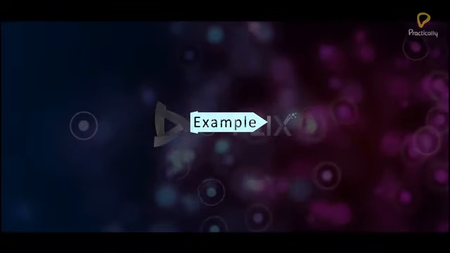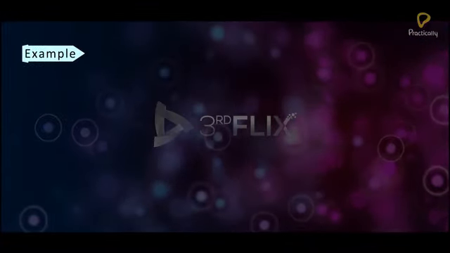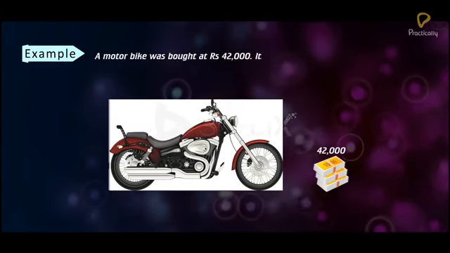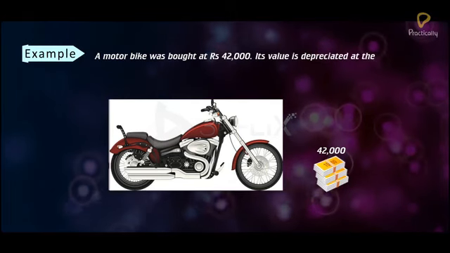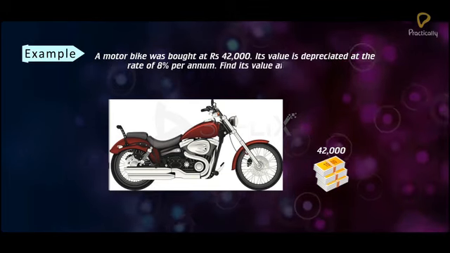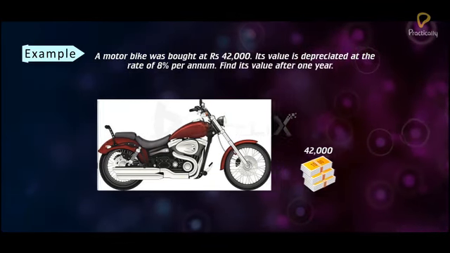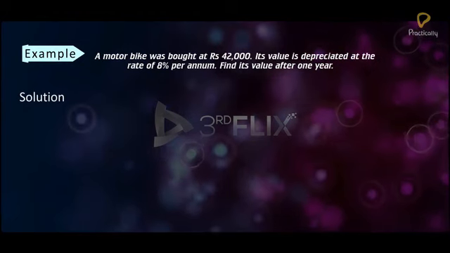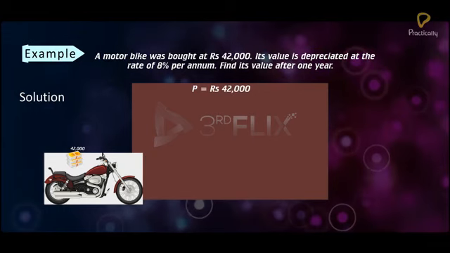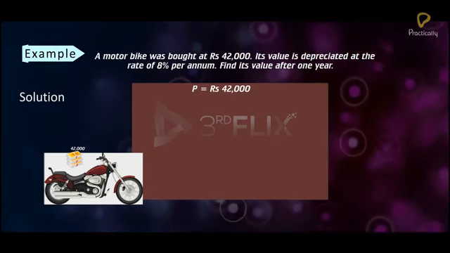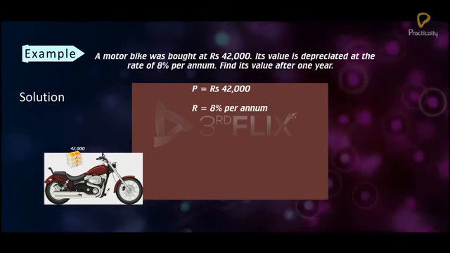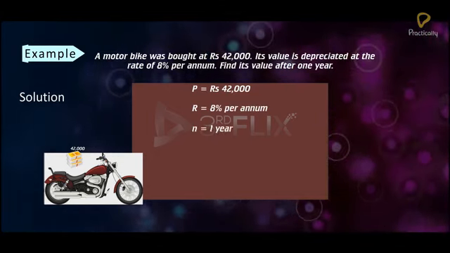Example: a motorbike was bought at rupees 42,000. Its value is depreciated at a rate of 8% per annum. Find its value after 1 year. Solution: given P is equal to rupees 42,000, R is equal to 8% per annum, N is equal to 1 year.